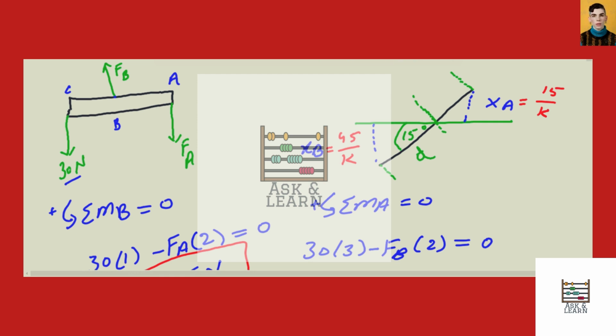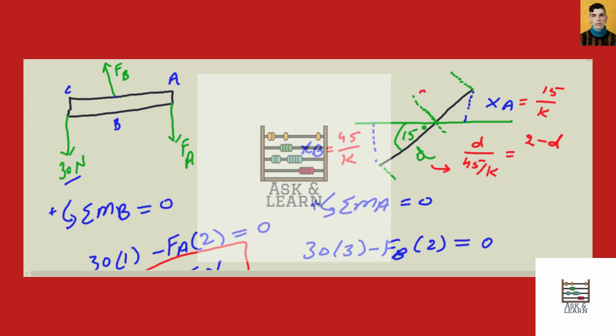This d could be found by this formula, with this 15 degree angle: d divided by 45 over k, where k is the stiffness, is equal to 2 minus d.